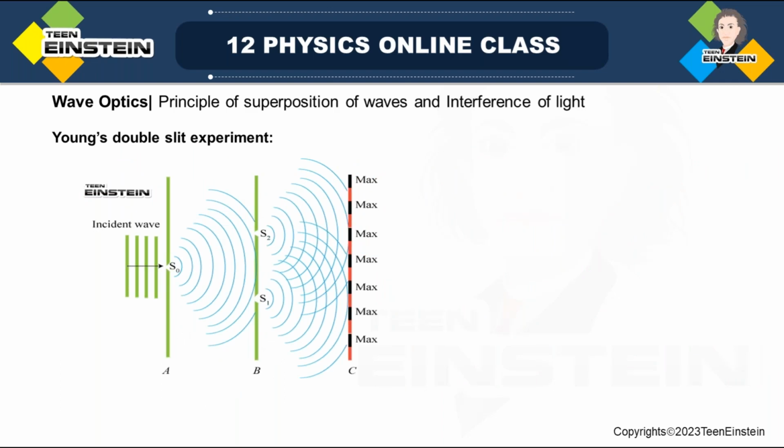Now we'll discuss Young's double slit experiment. So Young was the first scientist to claim that light is a wave, okay. He was a British scientist during 1801.